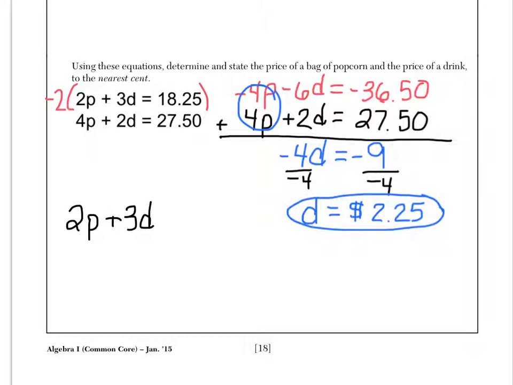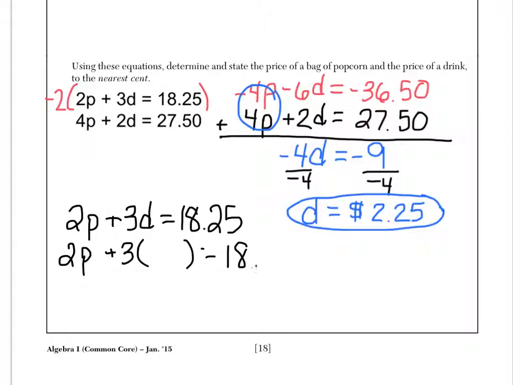2p plus 3d is equal to $18.25. So I know that d now is $2.25. So what I'm going to do is replace d with that $2.25 so I can figure out my missing variable of p.